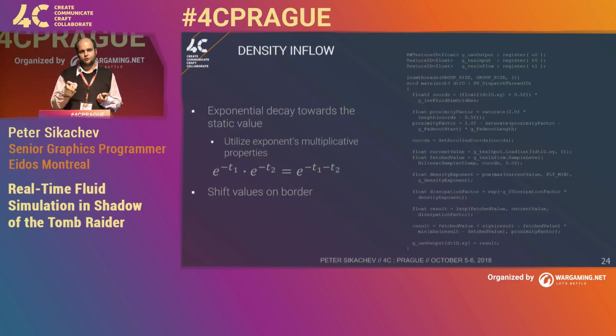That allows us to always have, on the borders of the mask, a 1-to-1 match with the static mask, and it smoothly propagates towards the center of the texture. That allows us to never see any discontinuity on the edges, even if we start moving backwards or running in any weird patterns. So that was the main trick there.